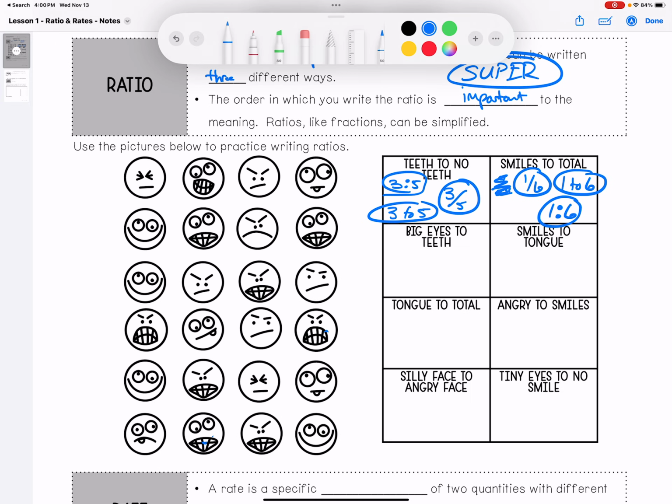Big eyes to teeth. Go ahead and try to count how many big eyes we got. 12.